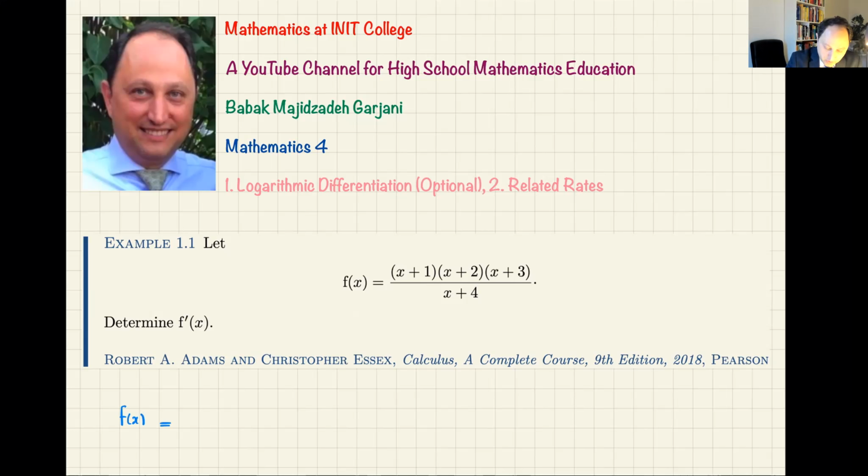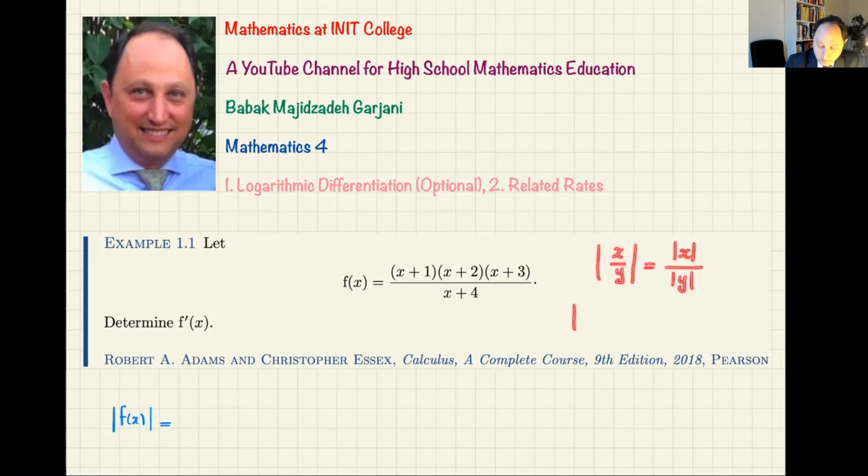The first thing that I do, I take absolute value from both sides, yes? But then I hope that you remember these rules from absolute value. If I have absolute value of a number divided by another number, I can write it as the absolute value of the numerator divided by the absolute value of the denominator.